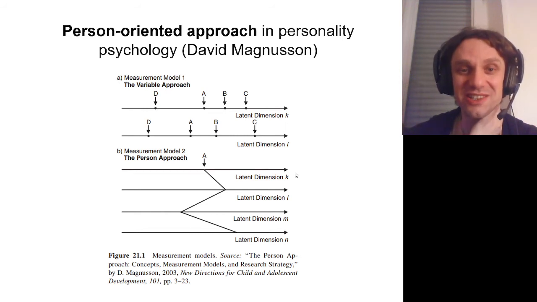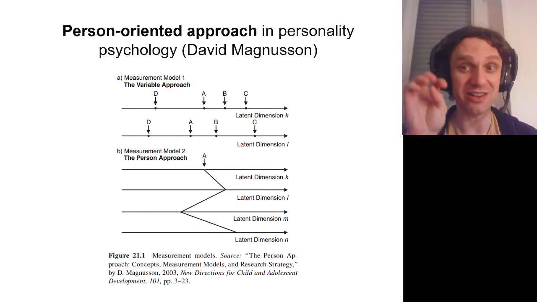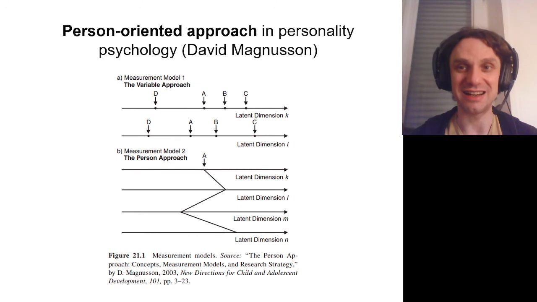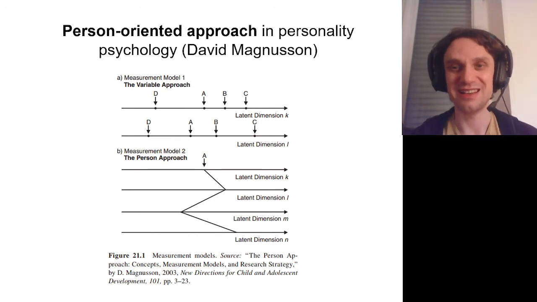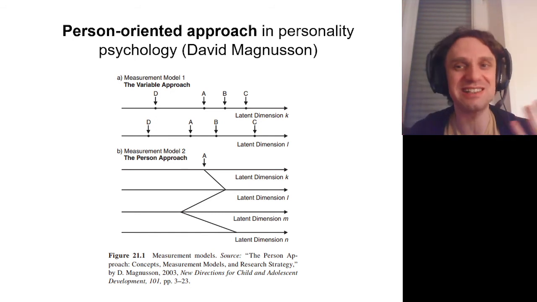In case of the person approach or person-oriented approach, what we aim to do is actually to find out and identify groups of individuals with similar score profiles. We might call them types, but when you say type, actually you need some kind of a theoretical basis.